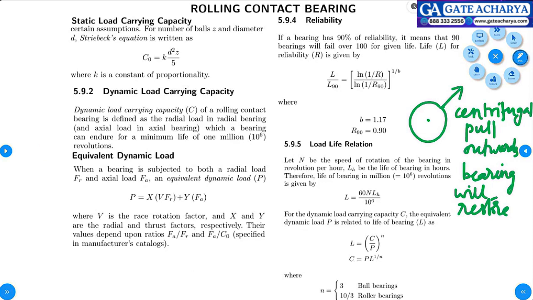But here you have done a finite life calculation. So we need to have an idea: one particular bearing, this much life is coming. Why not the other? So that we can interchange. There is something called interchangeability. That is why we are taking this.